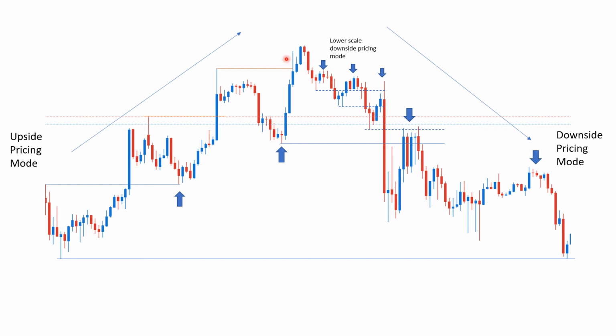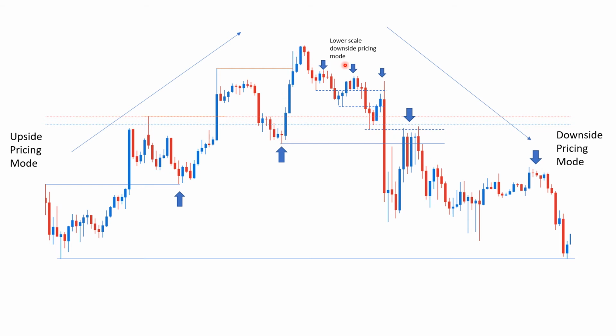That's what I want you guys to start focusing on: not only is price in an upside pricing mode or a downside pricing mode, but really become aware of where price returns to before continuing its specific mode. So if it's an upside pricing mode, you want to see where it comes down to before moving back up and breaking the next high.